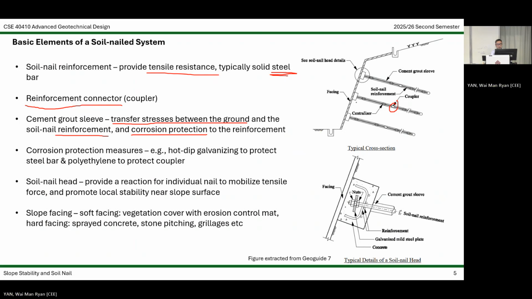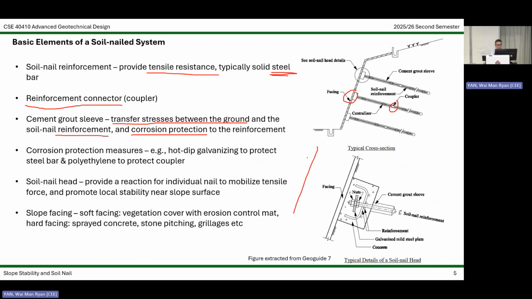Head. After we install the nail, after we grout the whole thing, the entire system is not yet finished. We will construct a head. The idea of having this head is to provide reactions here, because your nail will try to push or pull. So the head will try to provide reaction.